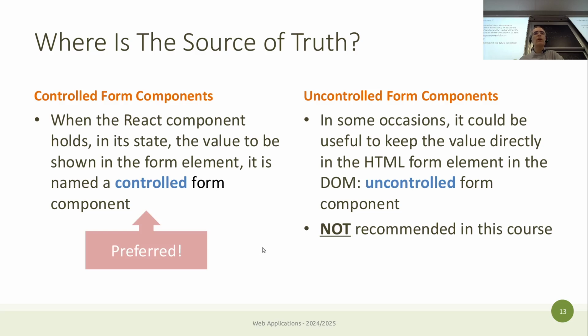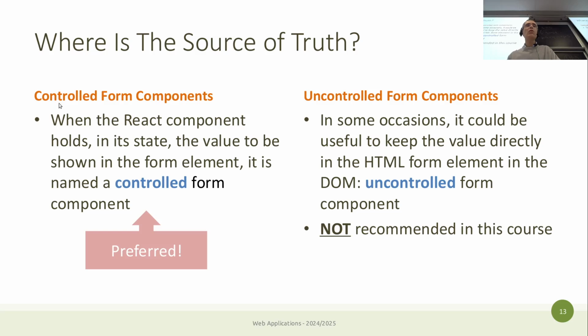So the point is now, where is the source of truth? What does it mean? I have a state in React which holds a value, and there is also a value in HTML that holds a value, right? So we need to decide which one we want to use, and according to the React principles, we should use the left approach.